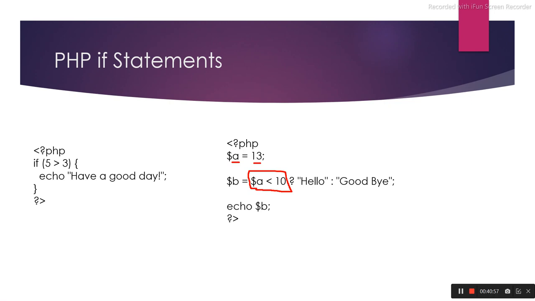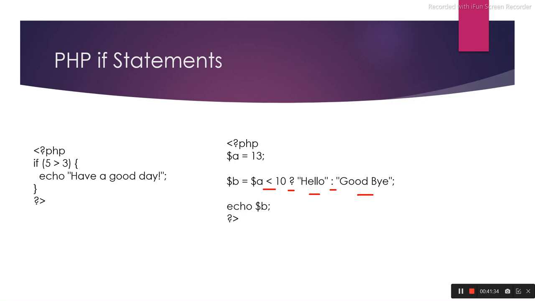If this condition is true, this value will be assigned to b, and if this condition is false, this value will be assigned to b. So the syntax goes like this: the condition, then a question mark, then the true value, then a colon, then the false value.